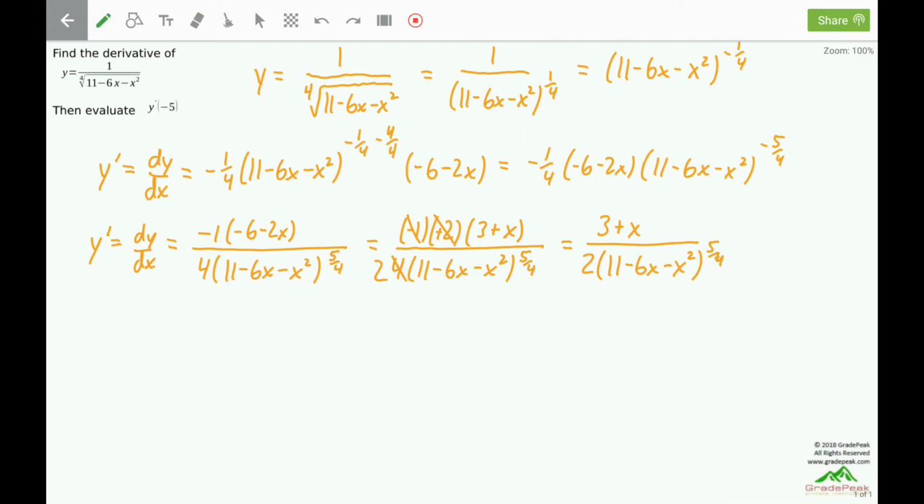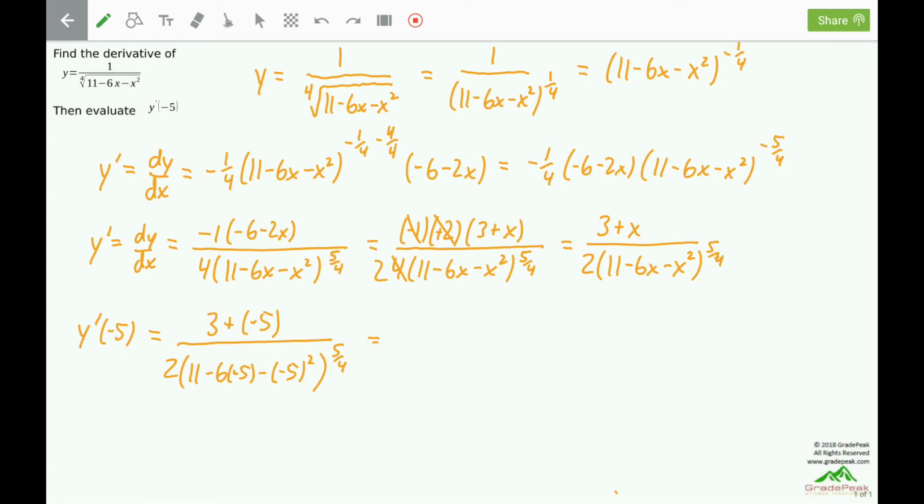Our next step is to evaluate y prime of negative 5. In the numerator, that will give us 3 plus a negative 5. In the denominator, that will give us 2 times 11 minus 6 times a negative 5 minus a negative 5 quantity squared, and then all of that to the 5/4 power.